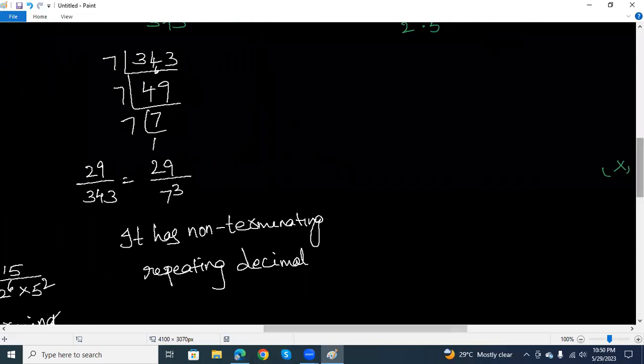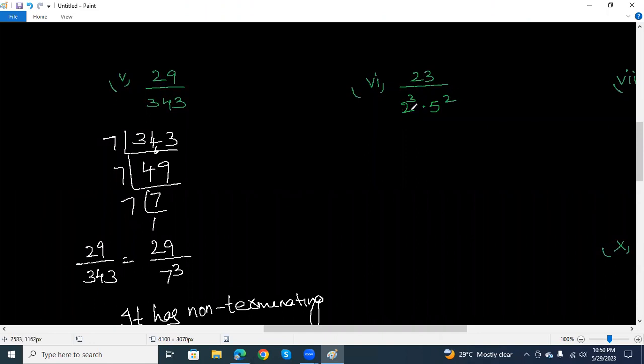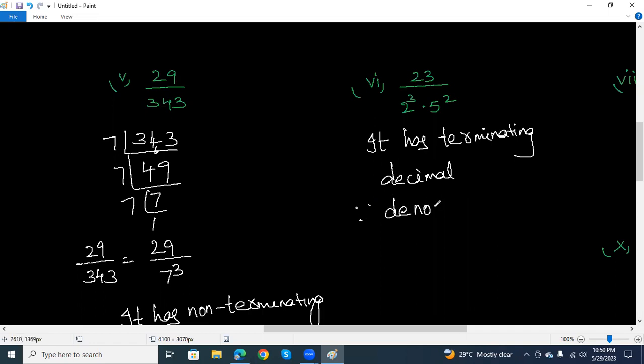Okay, next one. See, this is directly in the form of prime factorization. This denominator contains 2 cube and 5 square, which are in the form of 2 power n and 5 power m. So obviously, it has a terminating decimal. If you want, you can mention the reason: since the denominator is in 2 power n 5 power m form.